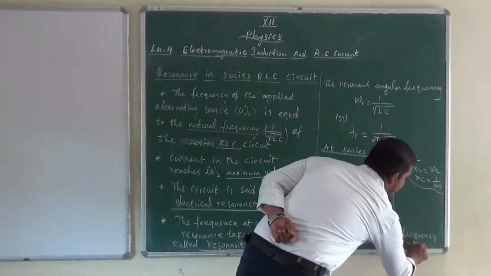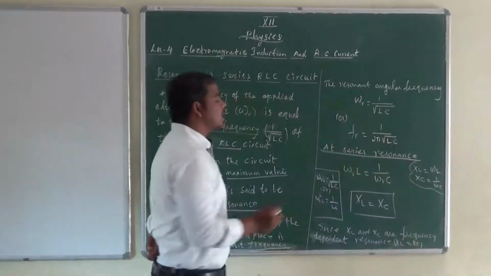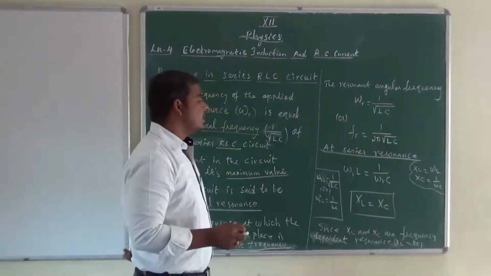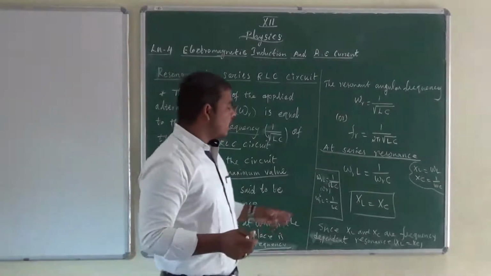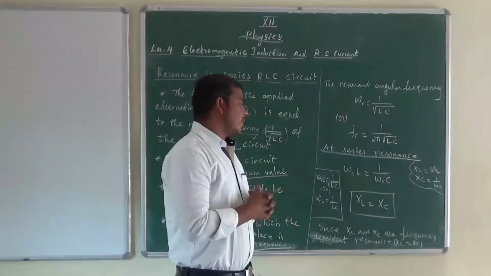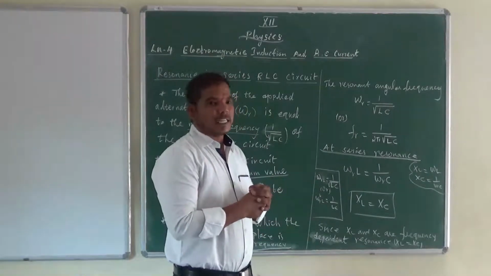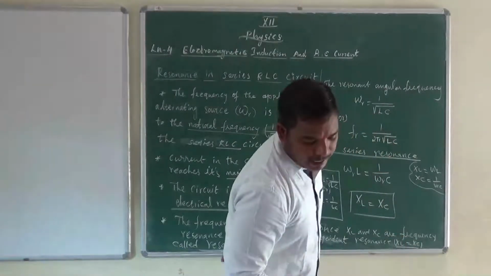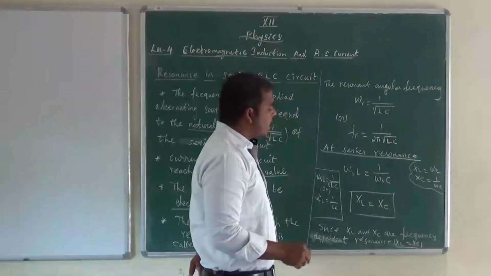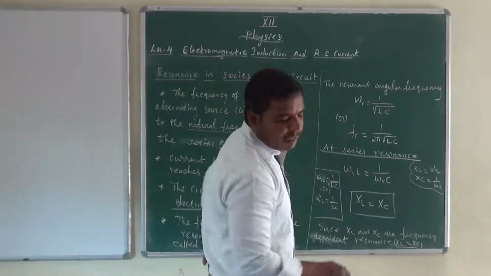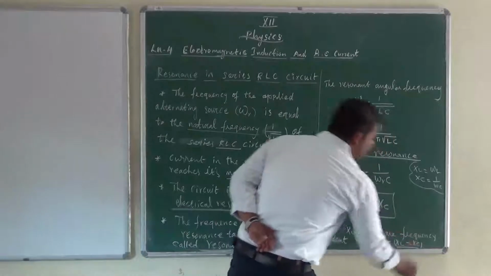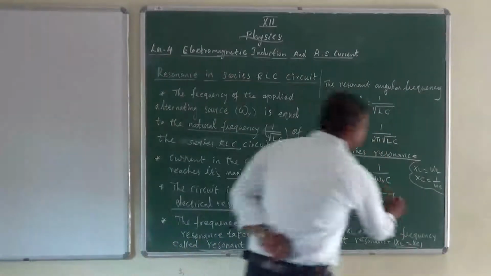XL equal to XC, this condition is applied when we are varying the frequency of the resonant circuit. When this condition is applicable, XL equal to XC, it is achieved by varying the applied voltage.